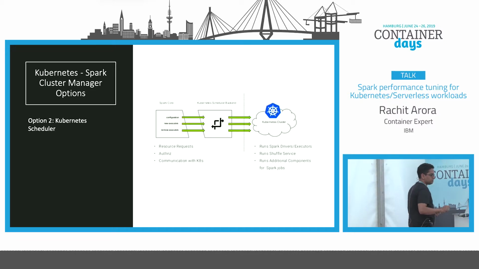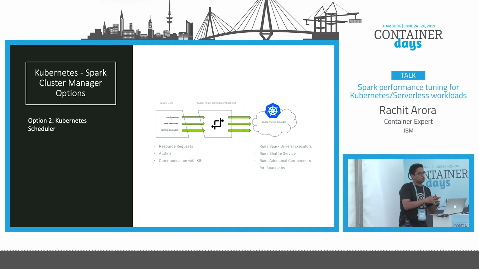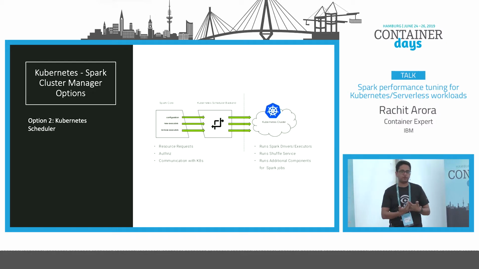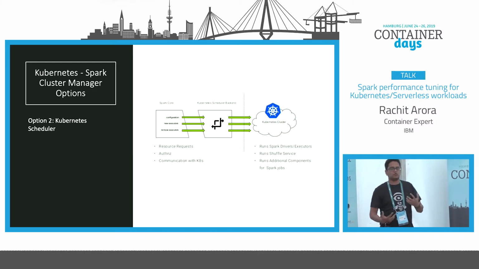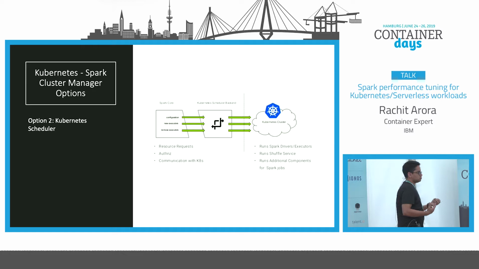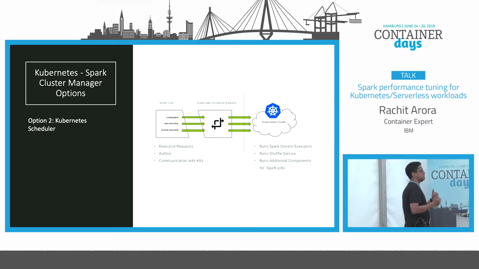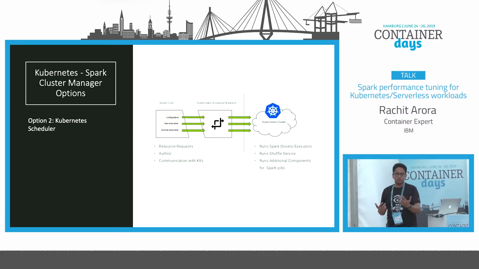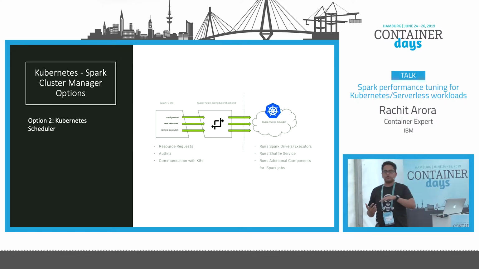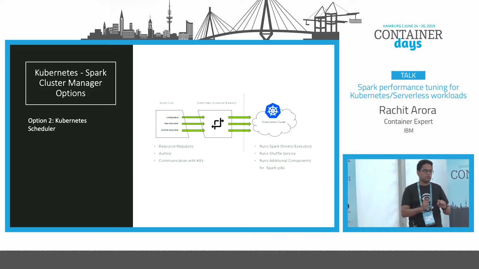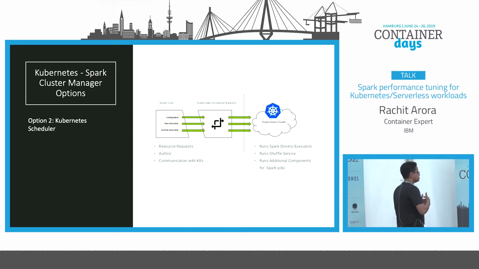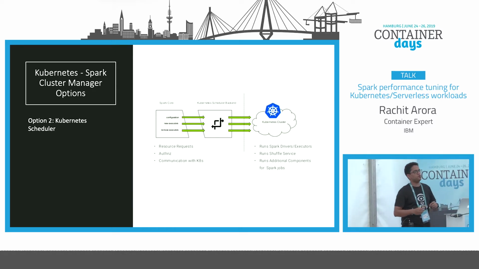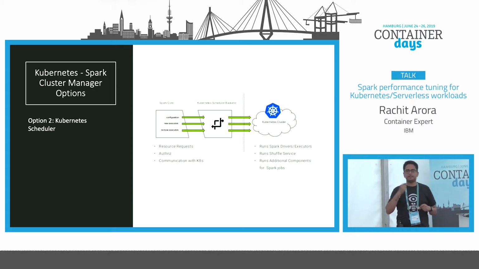This is where the community worked very hard; the Kubernetes community and Spark community came together, and they built Kubernetes as a resource scheduler for Spark, which is a more native way of running Spark on Kubernetes. With this approach, you just request the Kubernetes API server to give you executor and driver pods.